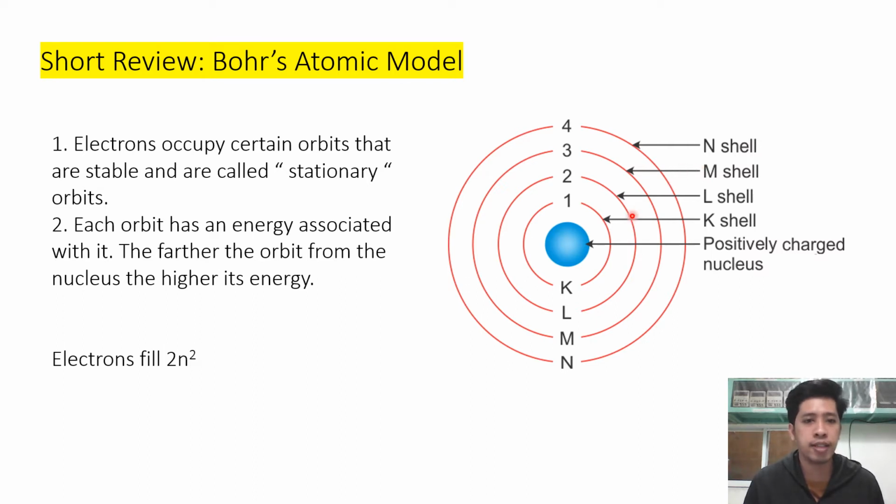These are stationary orbits, and electrons occupy certain orbits here where they are stable. Each orbit has an energy associated with it. And the farther the orbit from the nucleus, the higher the energy. Electrons fill these orbits in such a way that you have 2n squared.